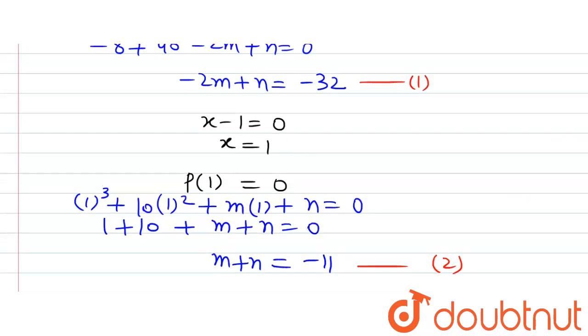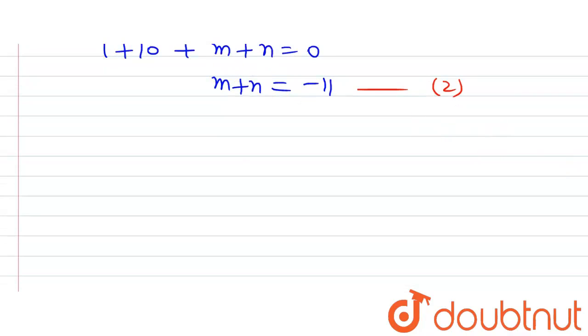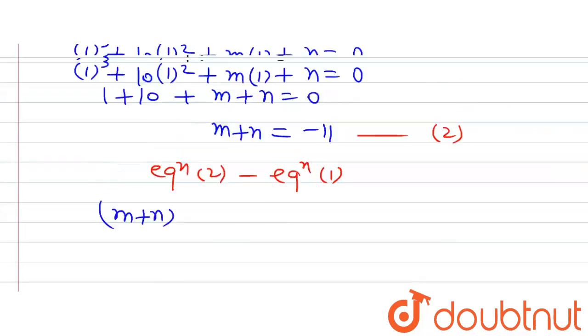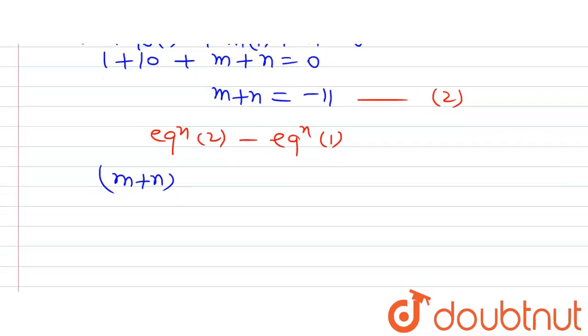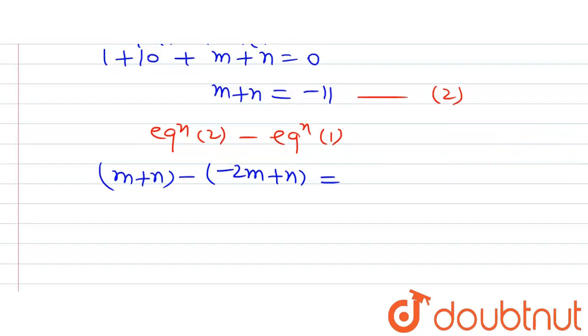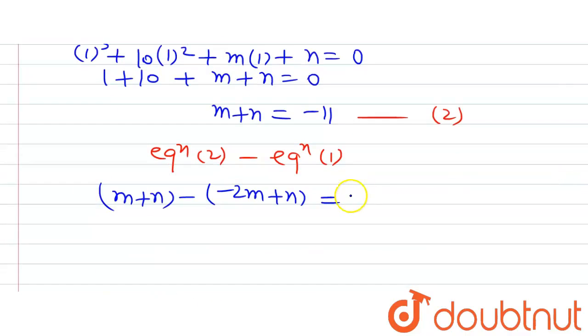Now let's subtract equation 1 from equation 2. The left hand side of equation 1 will be subtracted from the left hand side of equation 2. So we will have m plus n minus (minus 2m plus n) is equal to minus 11 minus (minus 32), that is minus 11 plus 32.